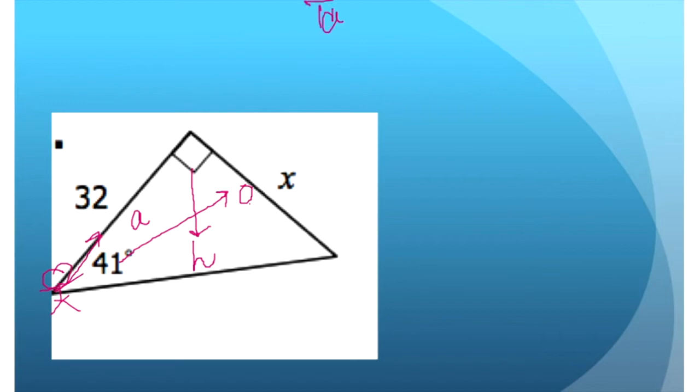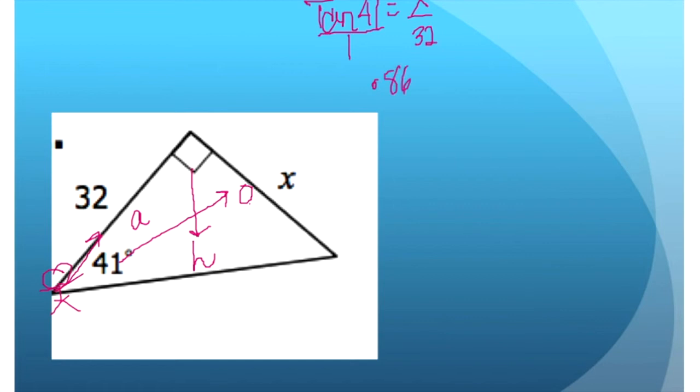I'm going to come up here and set this up. I'm going to write tangent. What's the angle where I'm standing? It's 41. What's the ratio of the sides? Tangent is opposite over adjacent. All right, so that's x over 32. I'm going to set it up as a proportion. So it's tan 41 over 1 equals x over 32, opposite over adjacent. And so I'm going to go ahead and change tangent of 41 to a decimal, and I get 0.869.